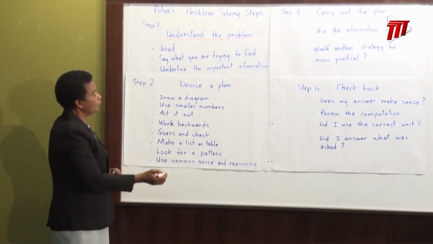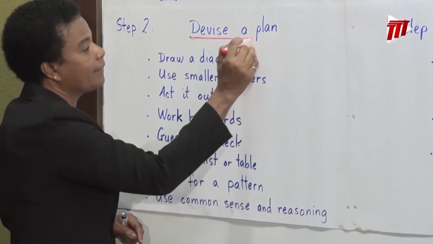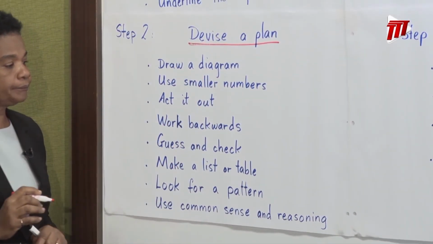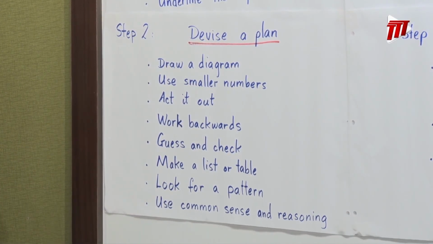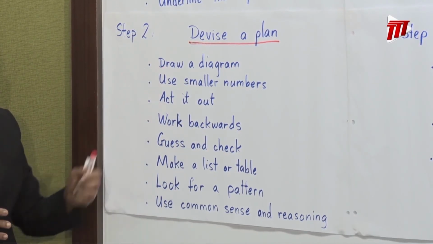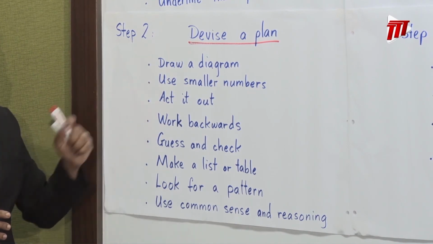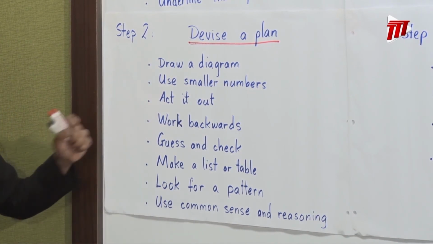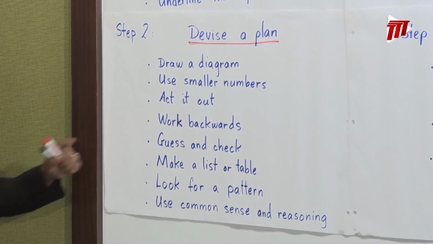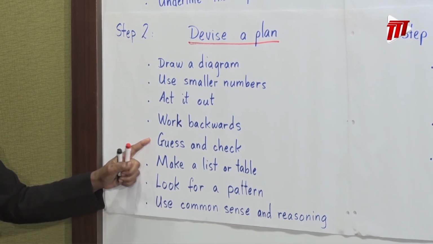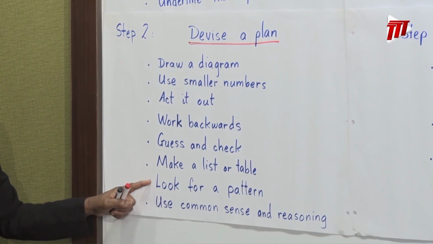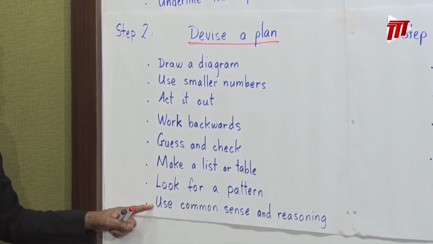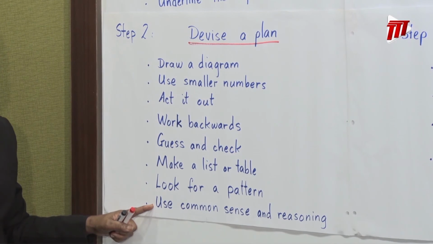Having done that, you will then devise a plan to solve the problem. There are 8 different strategies here. Draw a diagram, use smaller numbers, act it out, work backwards, guess and check, make a list or table, look for a pattern, use common sense and reasoning.